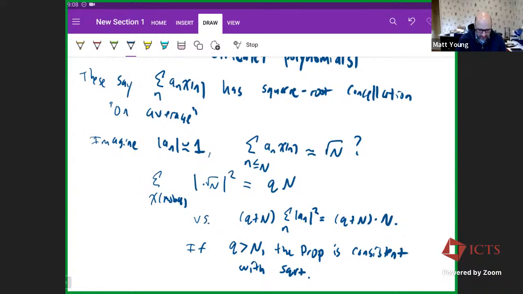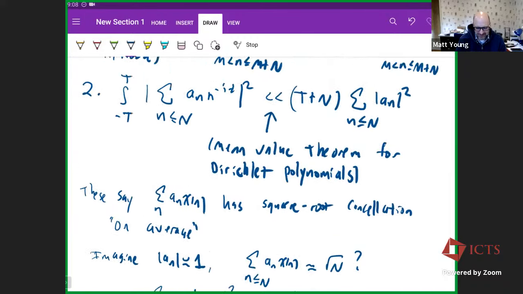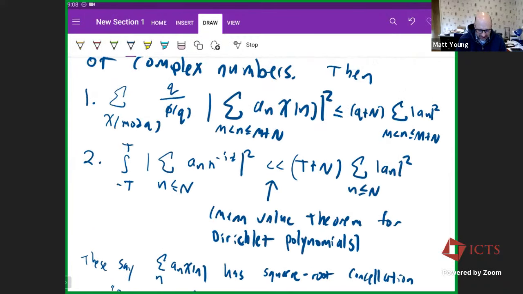Now, you can't prove square root cancellation for all of these things. What can certainly happen is that your a_n could be perfectly correlated with one value of chi. For example, take your favorite character chi, and then choose a_n to be chi bar of n. Then for that particular choice of chi, there's no cancellation at all.